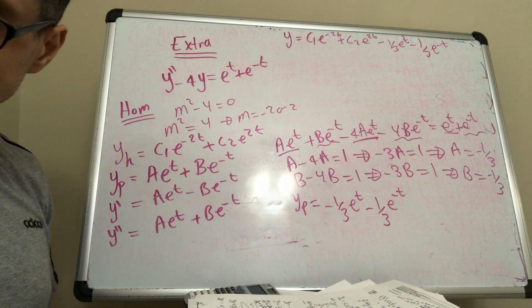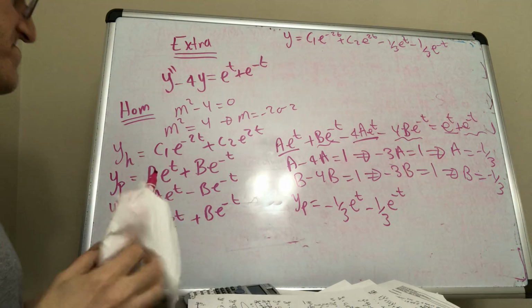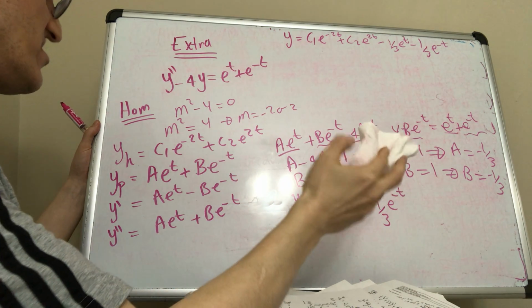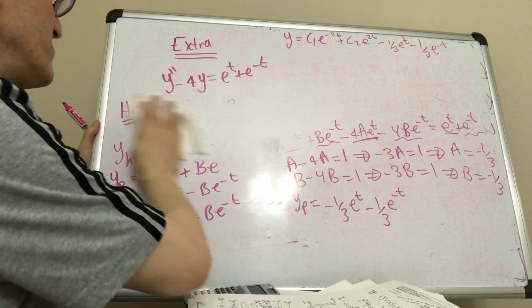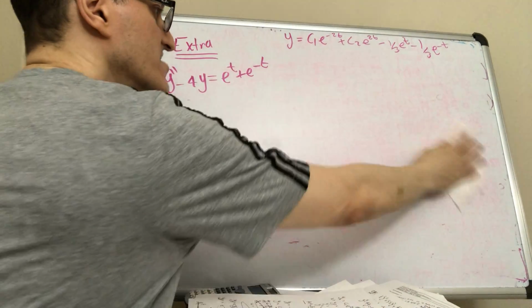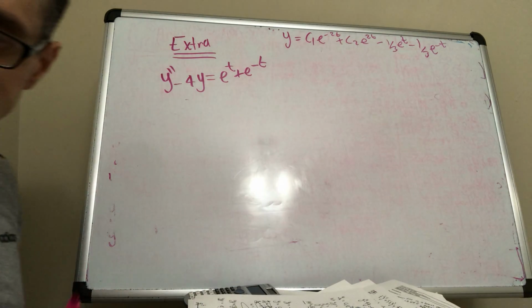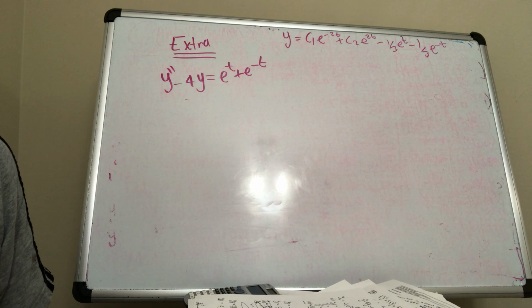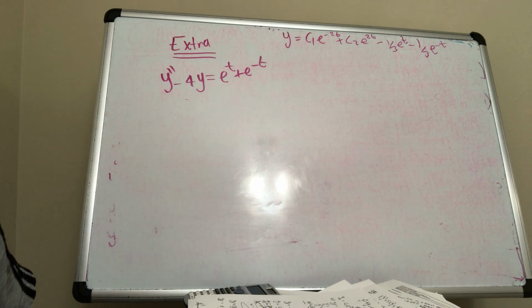Okay. I'm gonna erase this now. We've done it before. So now I'm gonna do it with the new concept, the Wronskian. That's another concept for finding yp.